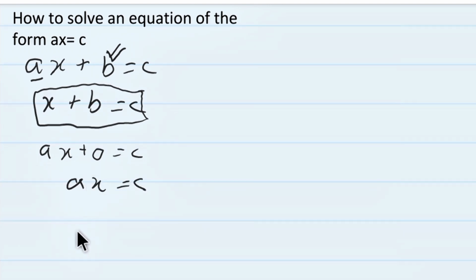For example, equations of the form 3x is equal to 7, 5x is equal to 2, and other similar equations.